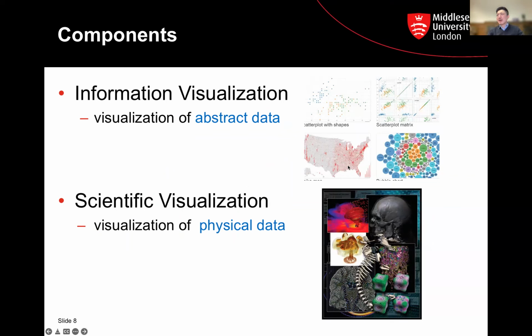So the map itself would have a shape, but the data you lay on top would be abstract. So this red thing, or maybe the bars, would represent certain attributes, which themselves do not have a particular shape. And then finally, the bubble chart. The size of the bubble and the color of the bubble would represent different information.